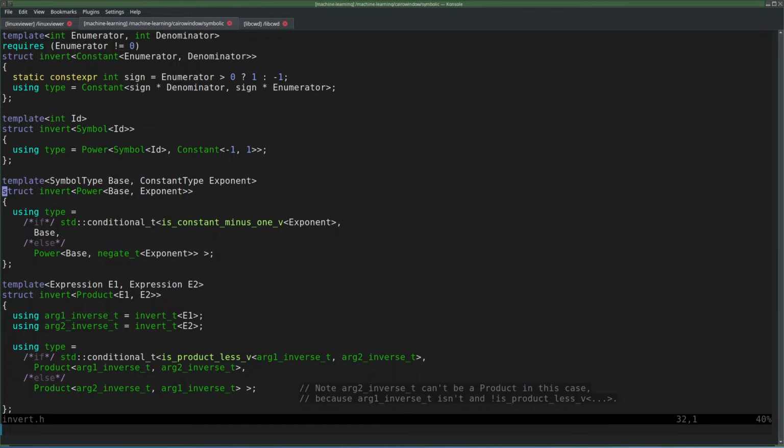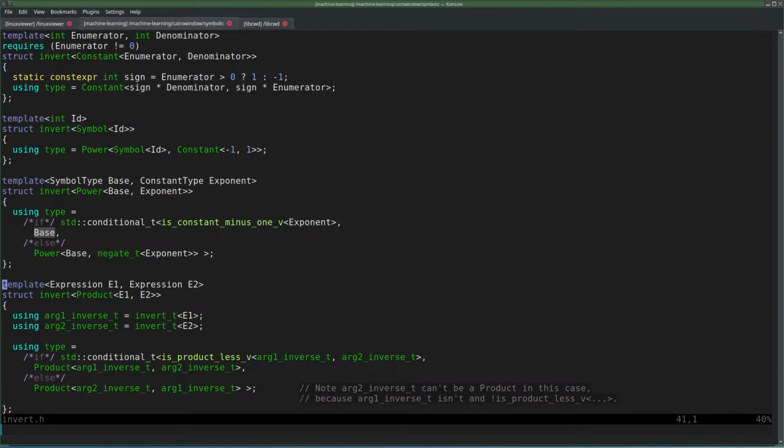And the invert of a power with a given exponent is obviously that exponent negated. However, if that exponent equals -1, then just return base. Otherwise we get a power of a base to the power 1, which is not allowed, because then you get a non-canonical type. Base is just the type that we want to have, not base to the power 1.